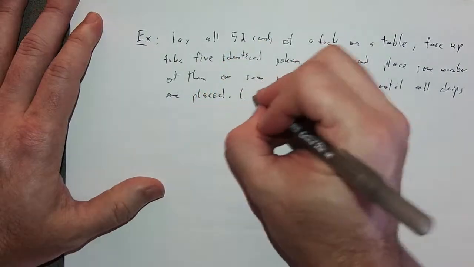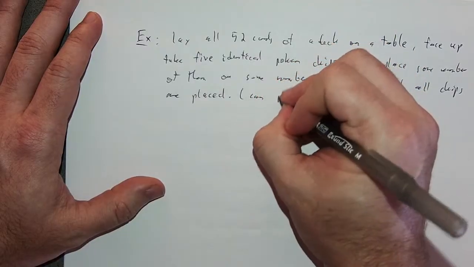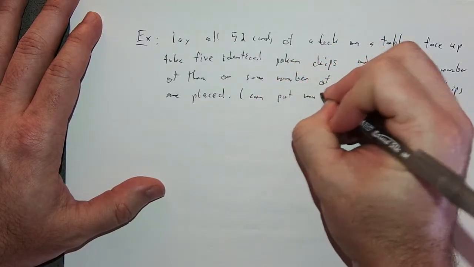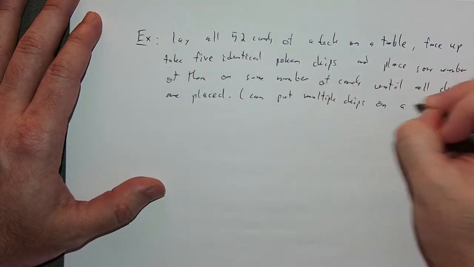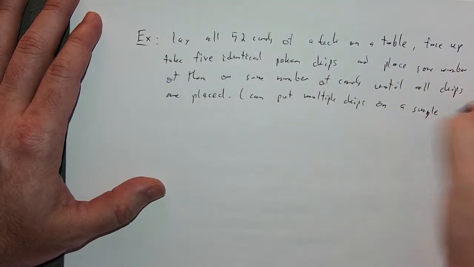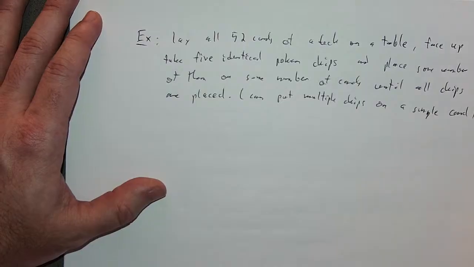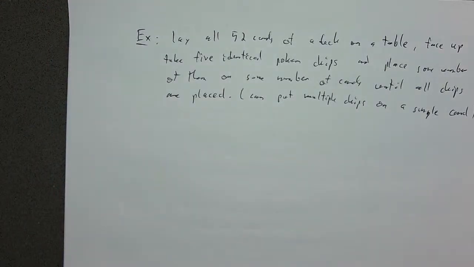So, for instance, you can put multiple chips on a single card. How many possible configurations are there in this way?